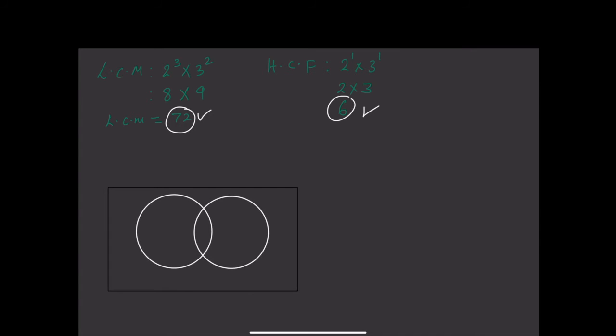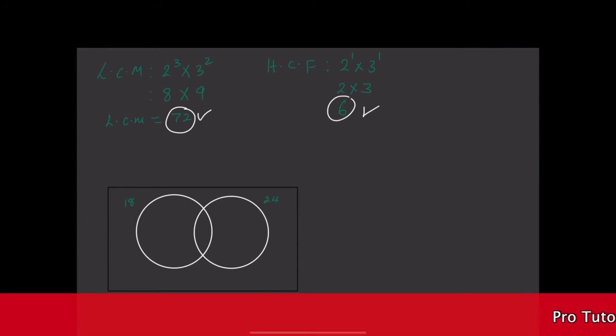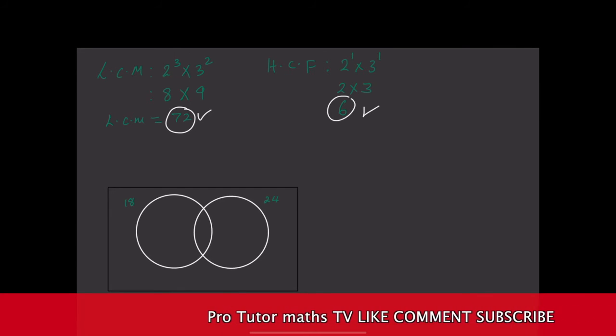So here we have our Venn diagram, and we represent our first circle by writing in 18. And 24. 18 is represented by the circle on the left. 24 is represented by the circle on the right. And then we have our overlap, which we call our intersection. We also have our union, which is everything in the set belonging to 18 and the set belonging to 24.